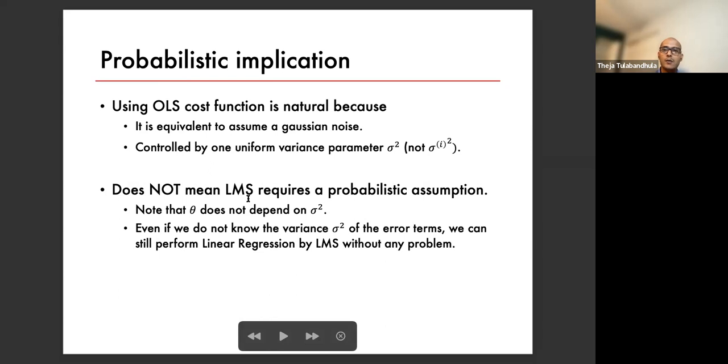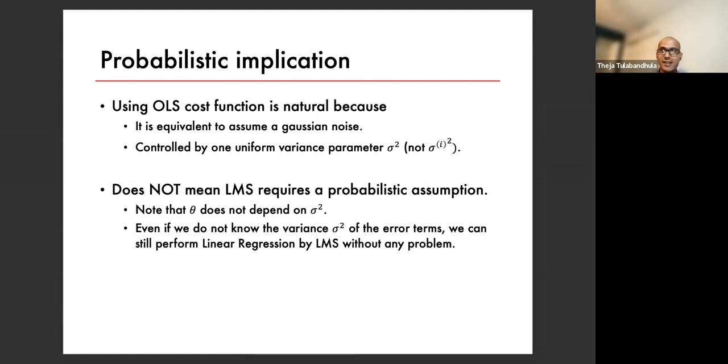So although we added this probabilistic interpretation, even without it we were anyway saying that the loss function has some nice properties, and let's just minimize that loss function. So you don't need this probabilistic interpretation to solve for the best linear model, because the best linear model is defined exactly according to the loss function. You can directly prescribe what loss function you want to use, but squared loss just happens to have an extra interpretation that supports it.